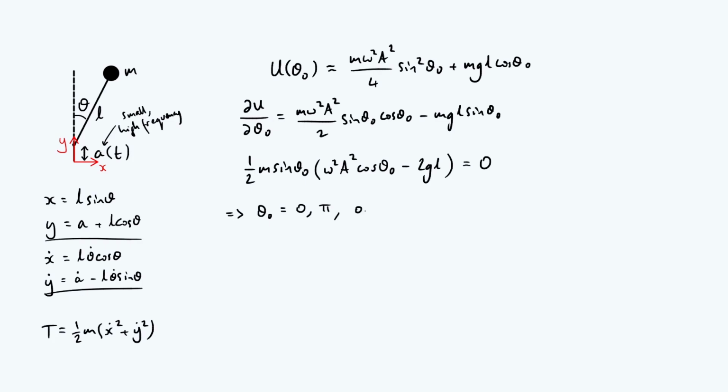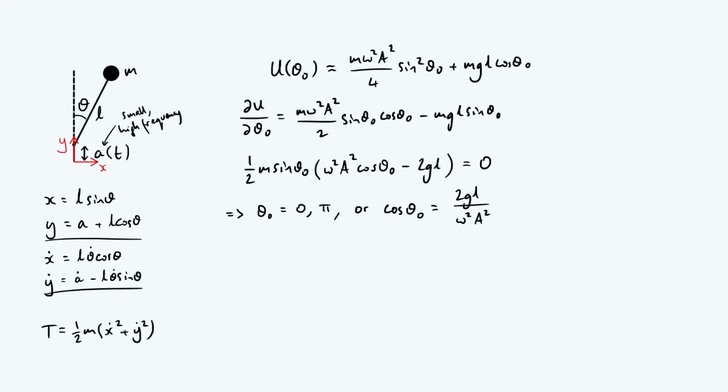The other case, of course, is when the bracketed term is 0, and that gives you the condition that there's an equilibrium when cos theta naught is equal to 2gl over omega squared a squared, just some positive quantity that depends on the various parameters of the system.